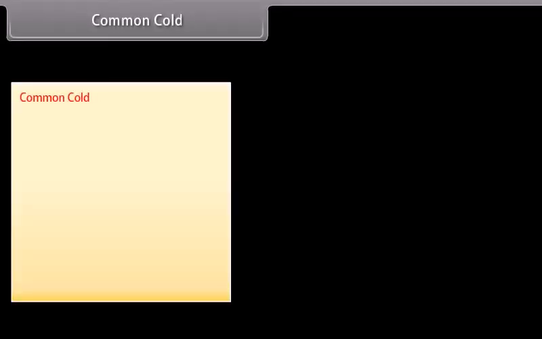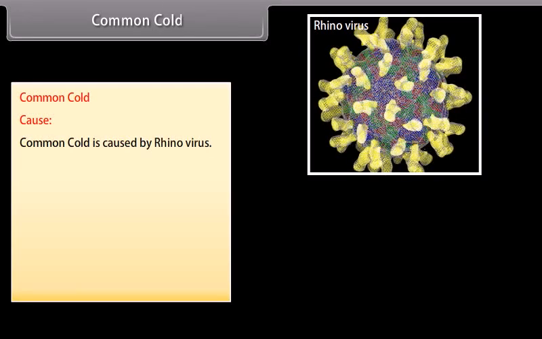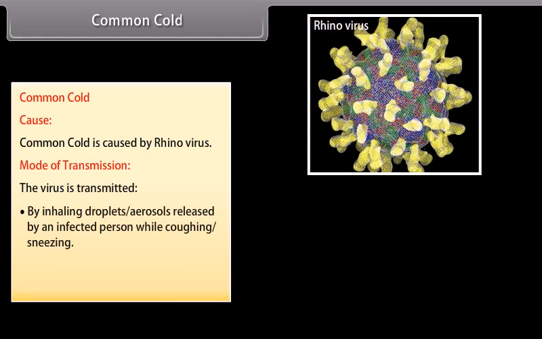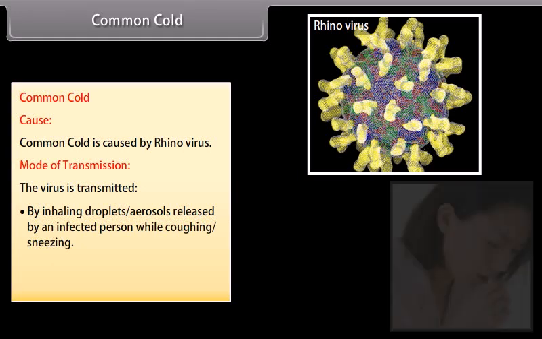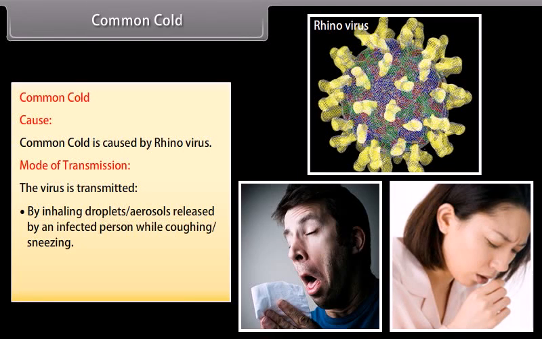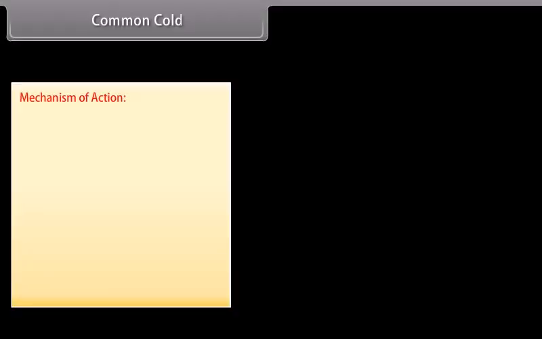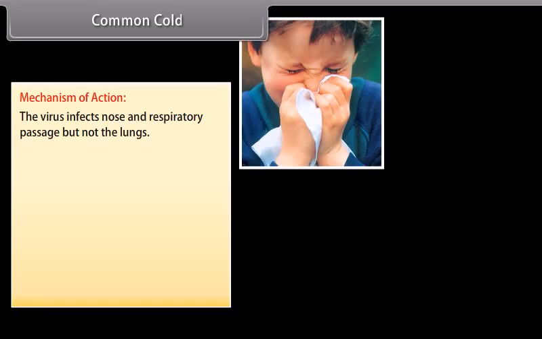Common cold. Cause: common cold is caused by rhinovirus. Mode of transmission: the virus is transmitted by inhaling droplets, aerosols released by an infected person while coughing, sneezing, or by using contaminated objects like pens, books, mouse, etc. Mechanism of action: the virus infects the nose and respiratory passage but not the lungs.